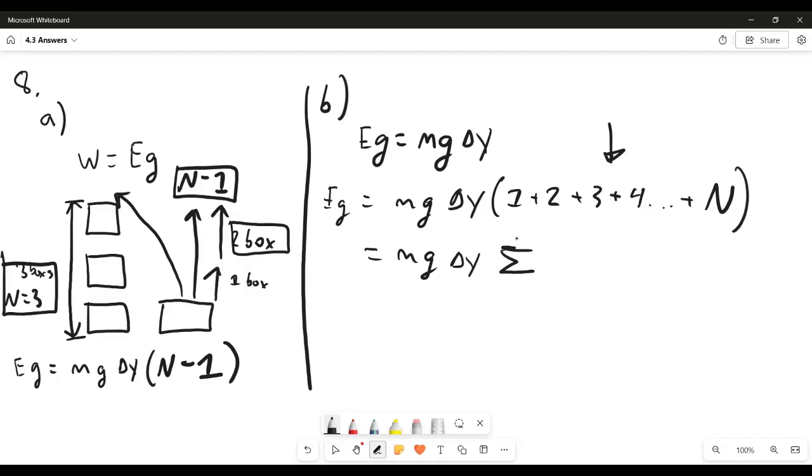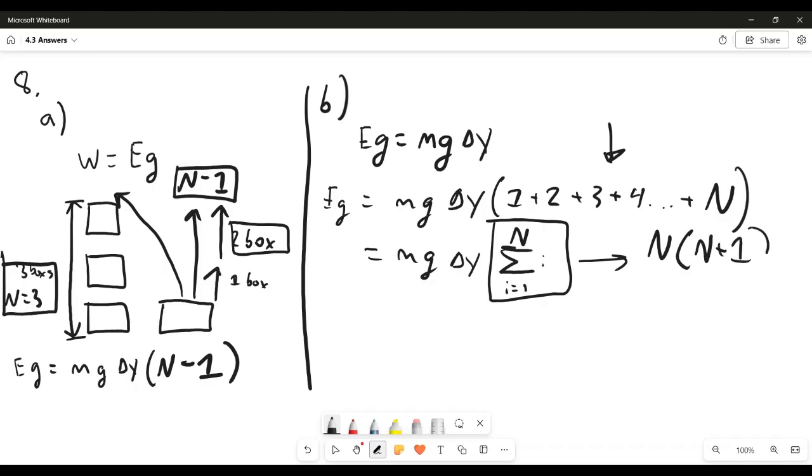On top of the sum, you have an n, kind of like this, with i representing the amount of times you're adding boxes. And then there's a well-known equation for something like this, and that would be n plus 1 divided by 2.